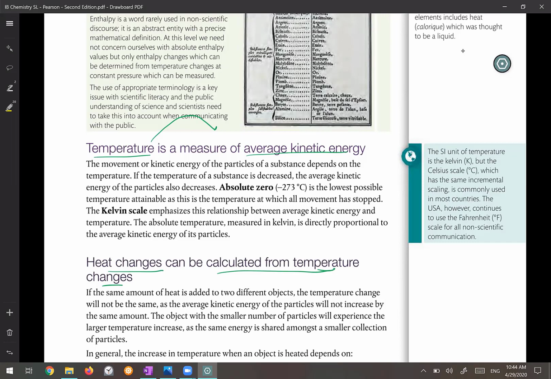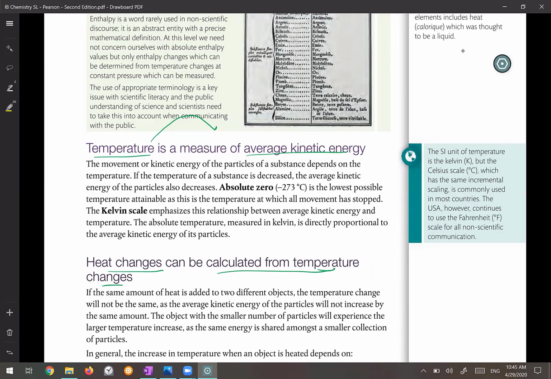But if you look at this block of iron, the temperature is uniform all over that block of iron. Okay? So it means the temperature is the average of all of these movements. Although some of them move faster, some of them move slower, some have higher kinetic energy, some have lower kinetic energy, the temperature shows the average of all of these kinetic energies.